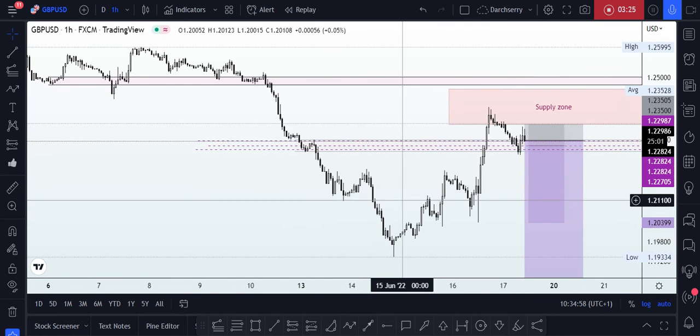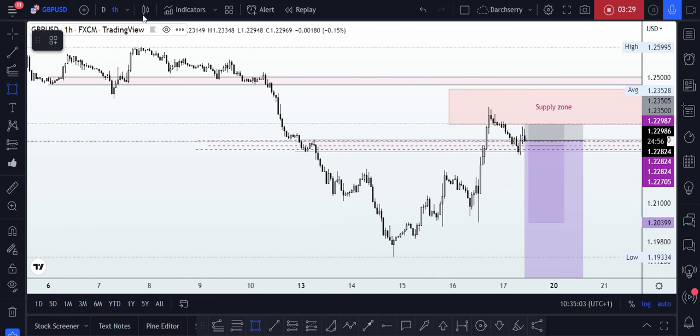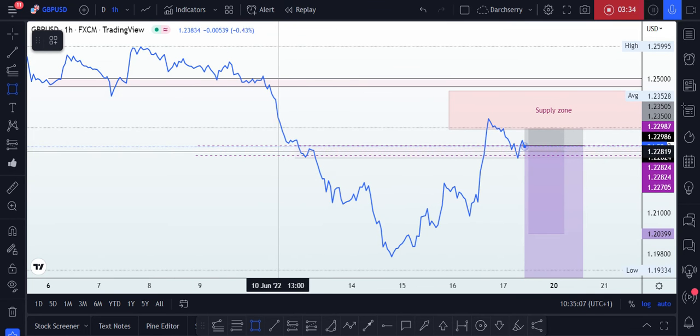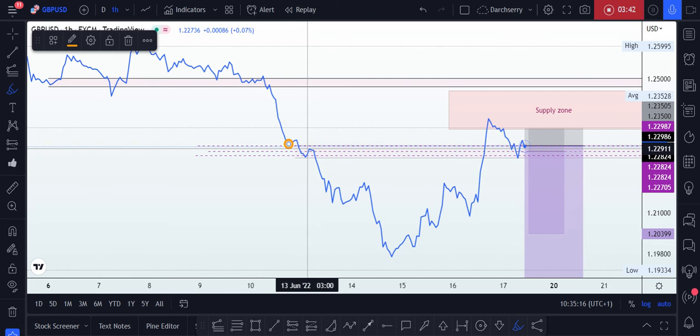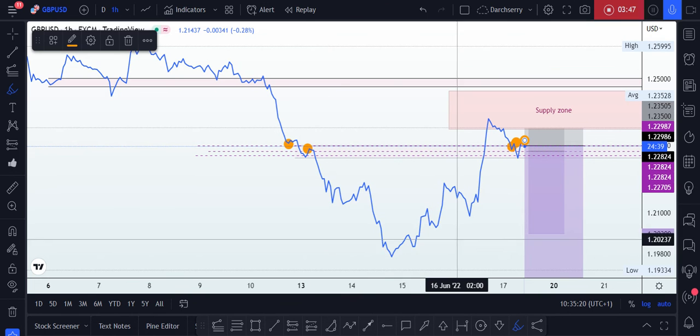So to further guide our action going into the new day, I want to identify a key level. If we bring out our line chart and look left, we can see that we have an area that has been a support level, resistance level, support, resistance area.